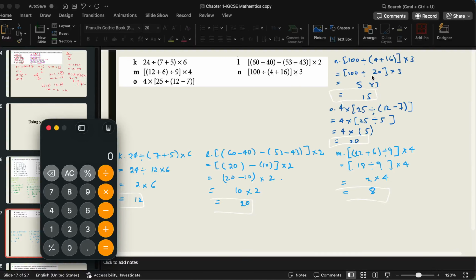Then 100 divided by 20 gives us 5. Now we have solved the brackets. We move to the outside operation, multiplied by 3. So 5 multiplied by 3 is equal to 15.